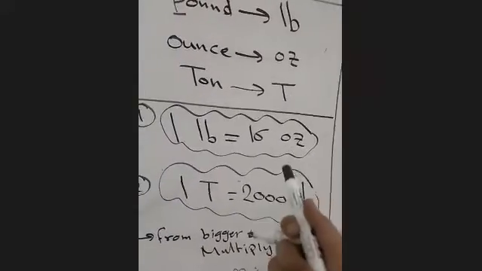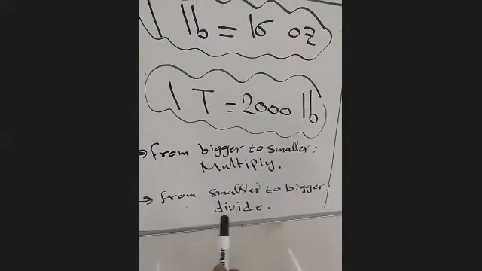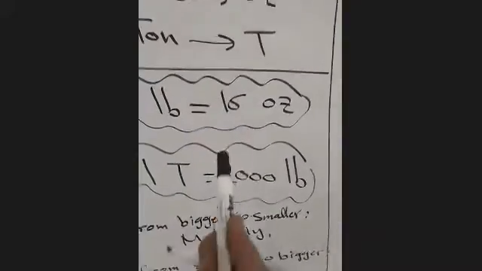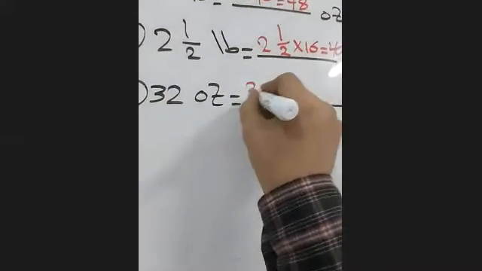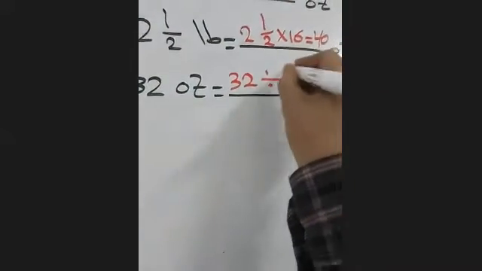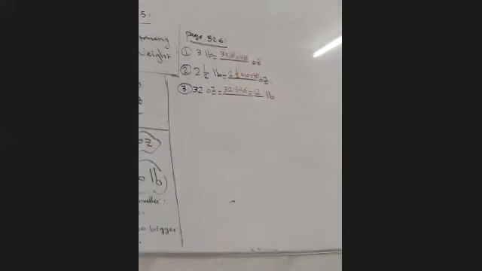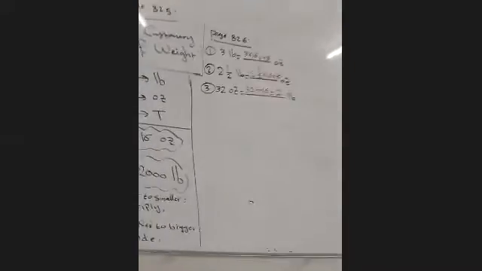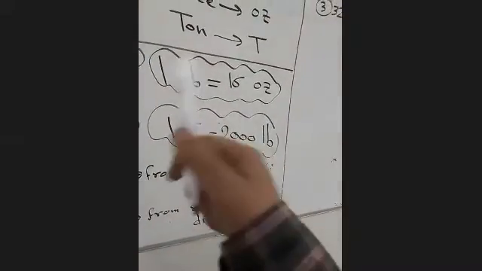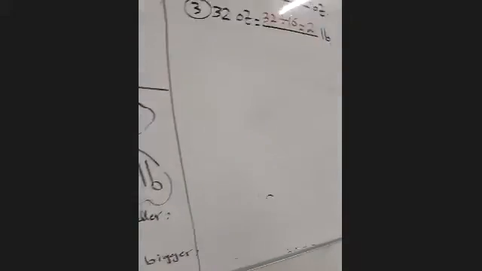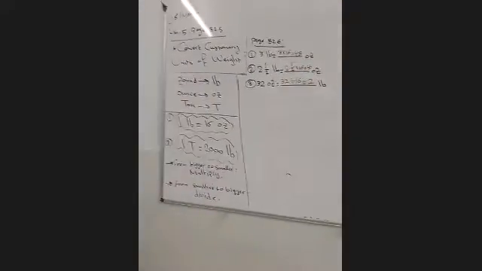From ounce to pound, from the smaller to bigger, I use divide. Dividing by the number in the relation, which is 16. 32 divided by 16, and if you do the division, the answer will be 2. So this is how we turn between the units of weight. From bigger to smaller, we multiply. From smaller to bigger, we divide.